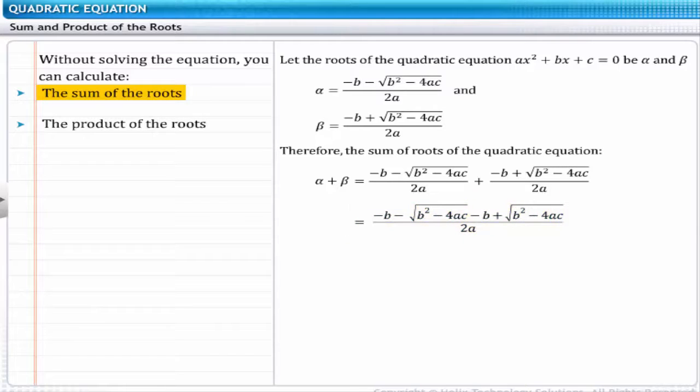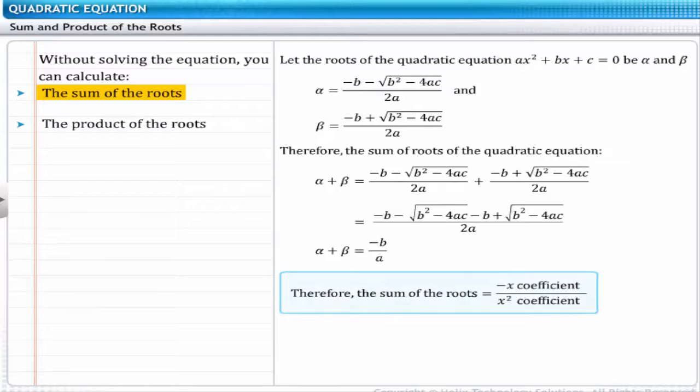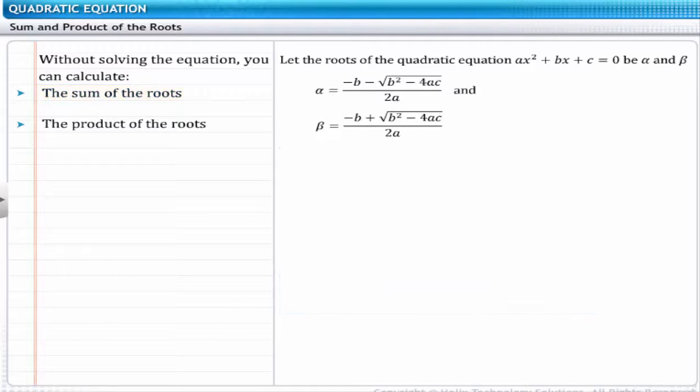On simplification, you get alpha plus beta is equal to minus b divided by a. Thus, sum of roots is equal to minus x coefficient divided by x squared coefficient.